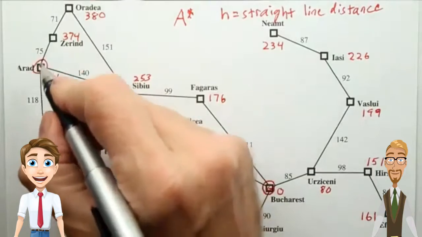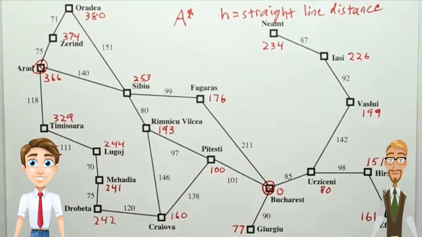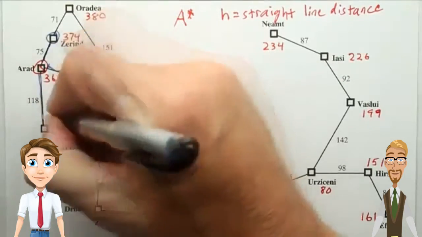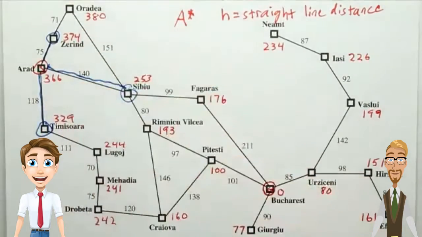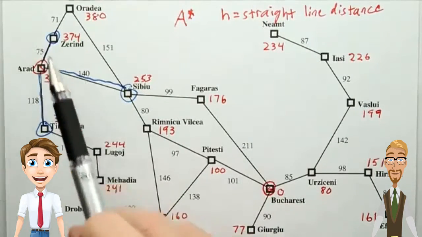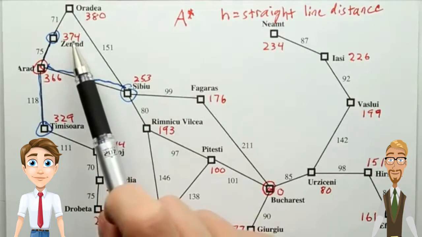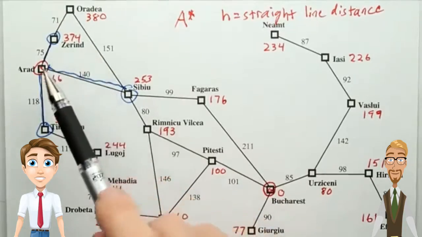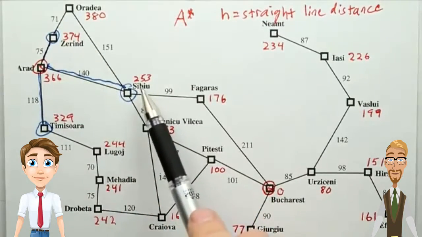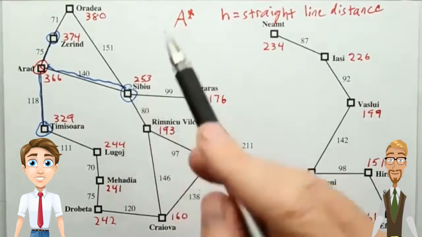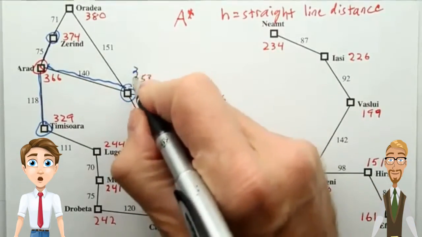Now, we start out as usual. We'll start in Arad as the start state, and we'll expand out Arad, and so we'll add 3 paths. And the evaluation function, f, will be the sum of the path length, which is given in black, and the estimated distance, which is given in red. And so the path length from this path will be 140 plus 253, or 393.